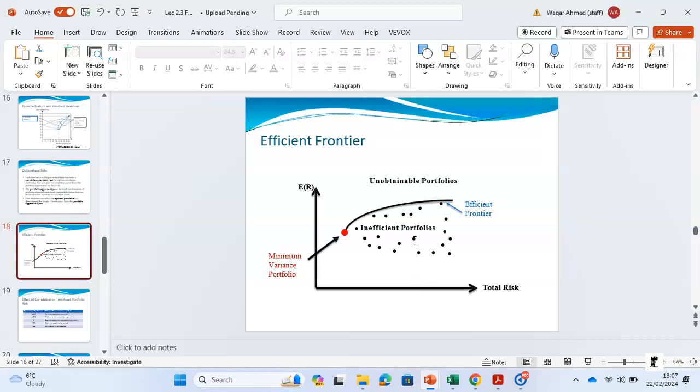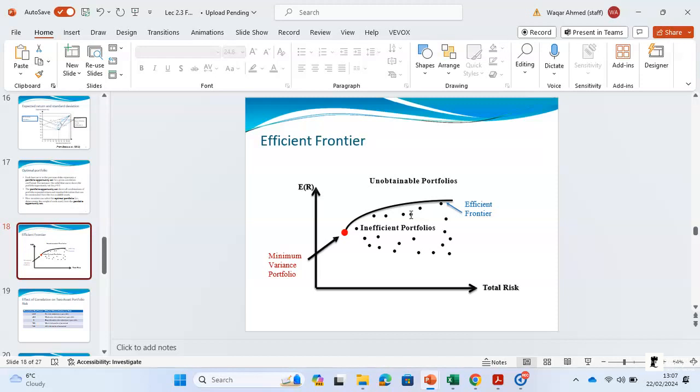Okay. But if you look at this, we can choose this portfolio as well, right? These two are vertical, right? Okay. So we can either choose this one or we can choose this one. Okay, let's call this one A and let's call this point B. Okay, so now do you have a preference for A or B?